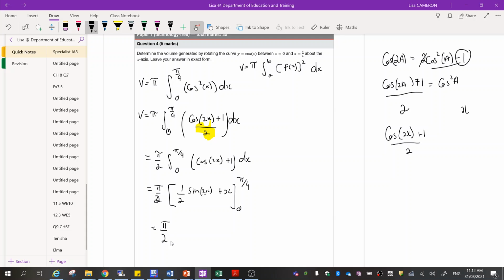So now I've got pi over 2, 1 over 2 sine 2 times pi over 4 plus pi over 4 is going to make up my first bracket, and that's going to subtract my next bracket, which is when I substitute the 0 in: sine 0 plus 0.